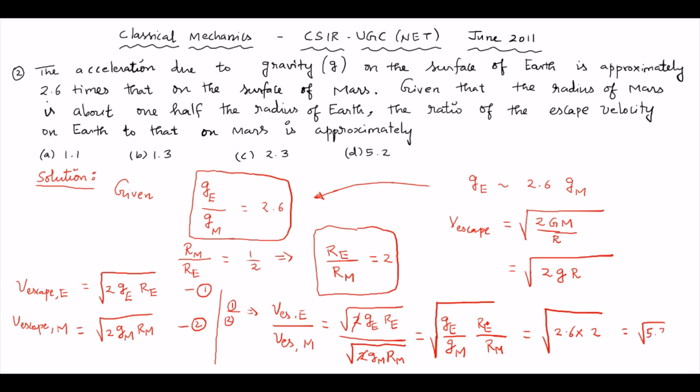The square root of 4 is 2, and if you calculate, it is almost around 2.3, because no other answer is close. So 2.3 is the answer, approximately. So the answer is C for this problem.